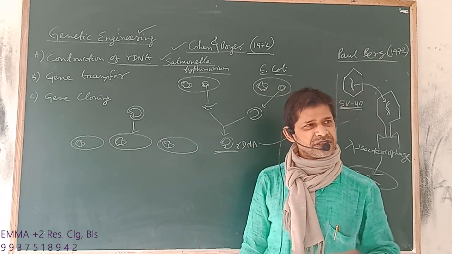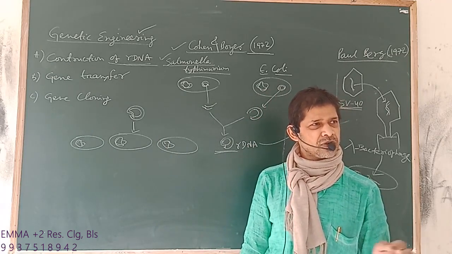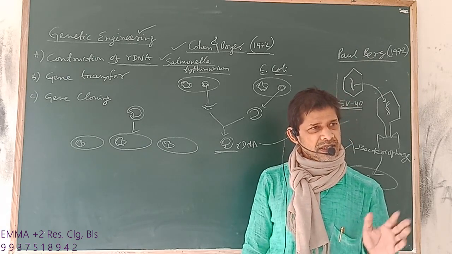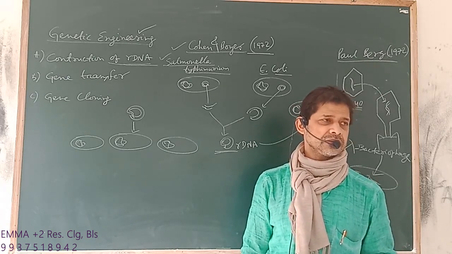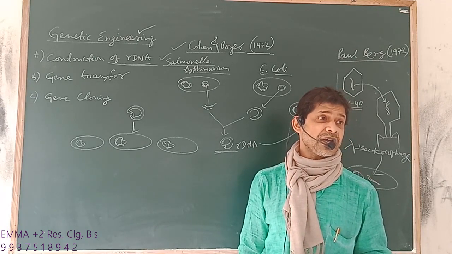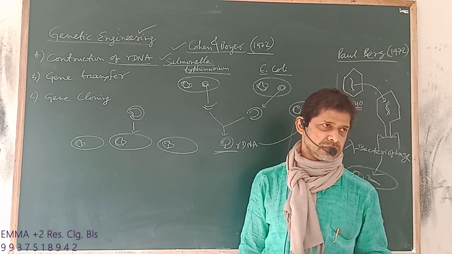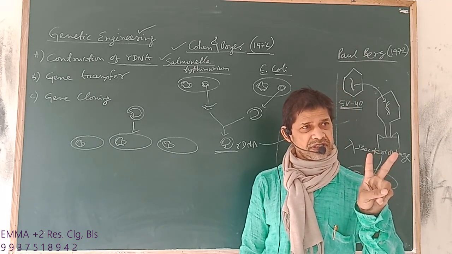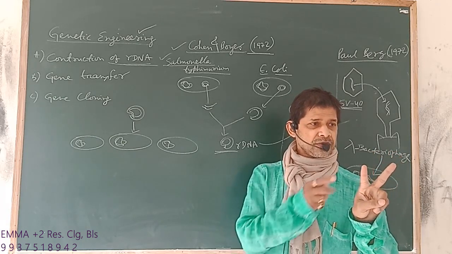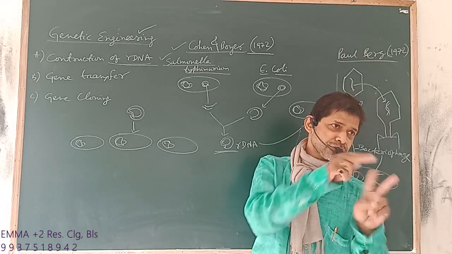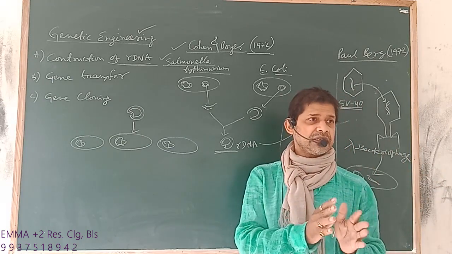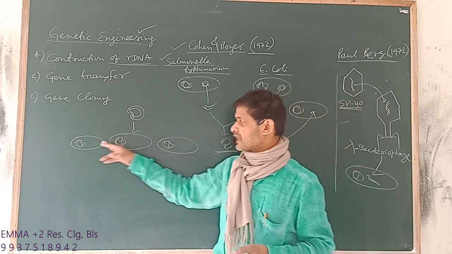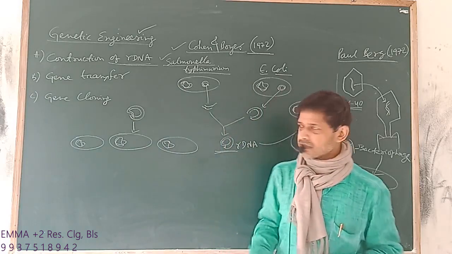Either we can do micro-injection, or we can do microporation, or we can introduce the gene by using disarmed retroviral pathogens. Retrovirus, so disarmed retrovirus containing a harmful gene, and we will cut and introduce so that it will be insertionally inactivated. In one word, disarmed. So by using a disarmed pathogen, we can introduce.